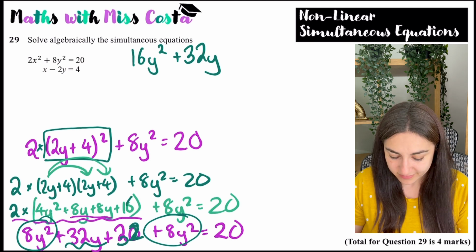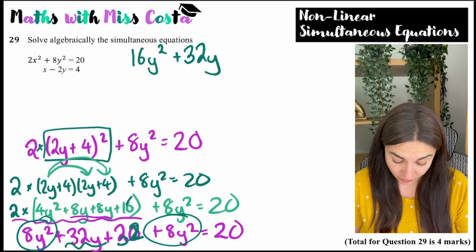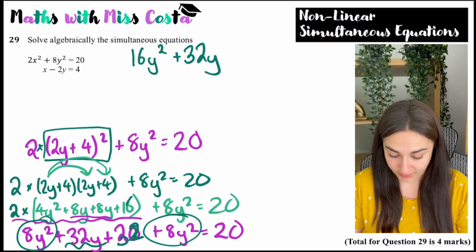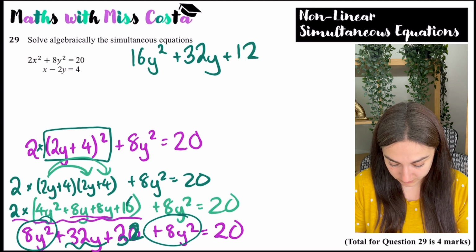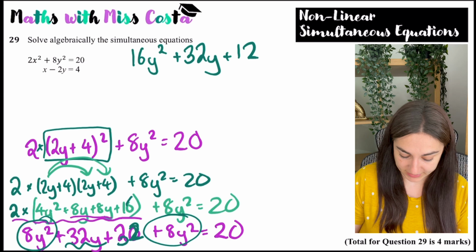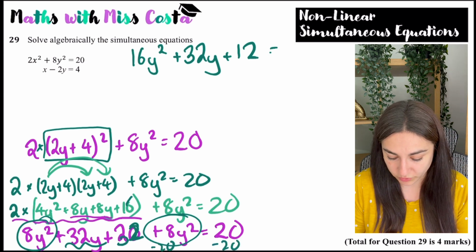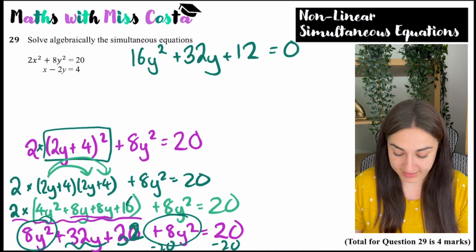I was thinking something was wrong. Okay, so 32 take 20 is 12. The reason I've done this is I've moved that from both sides, because in order to solve a quadratic, you need to make it equal to 0.